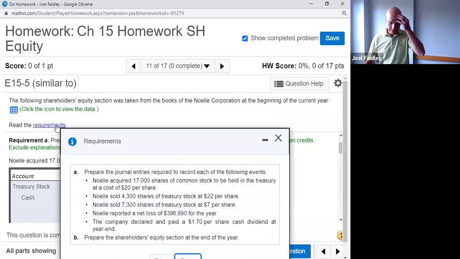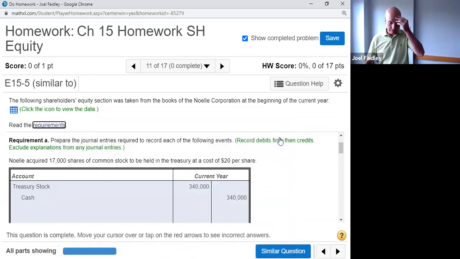So we've got several transactions to go through here. There's my treasury stock transaction, $20 at 17,000. That's pretty clear. $340,000.